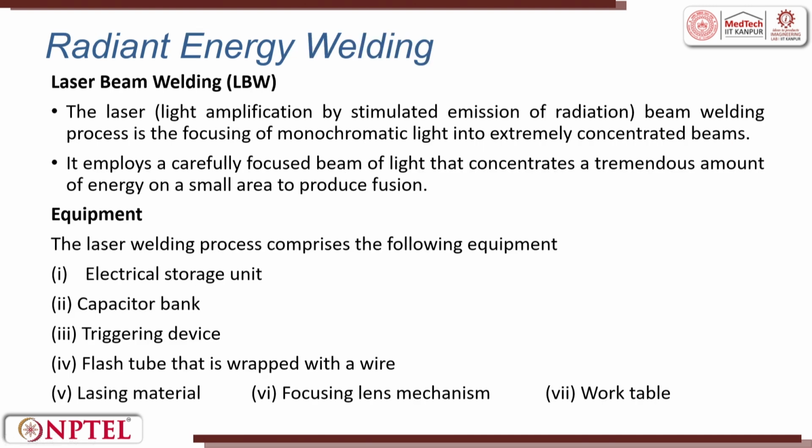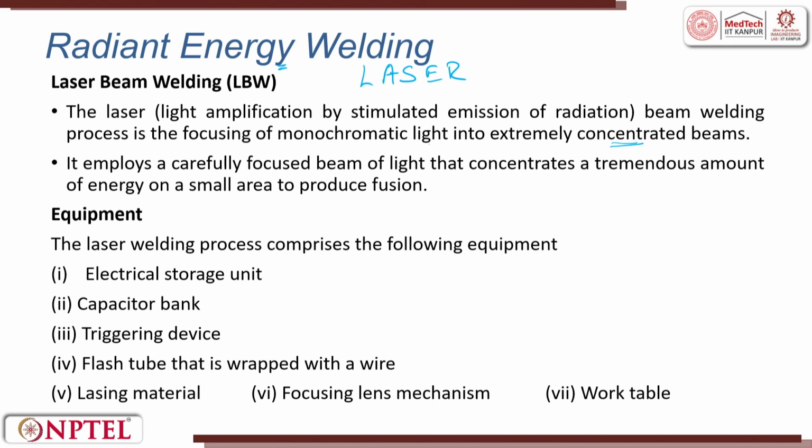So, radiant energy welding process. Laser beam welding. Laser is light amplification by stimulated emission of radiation, L-A-S-E-R. We will see the lasing effect later when we go through the machining part. Beam welding process is the focusing of monochromatic light into an extremely concentrated beam.